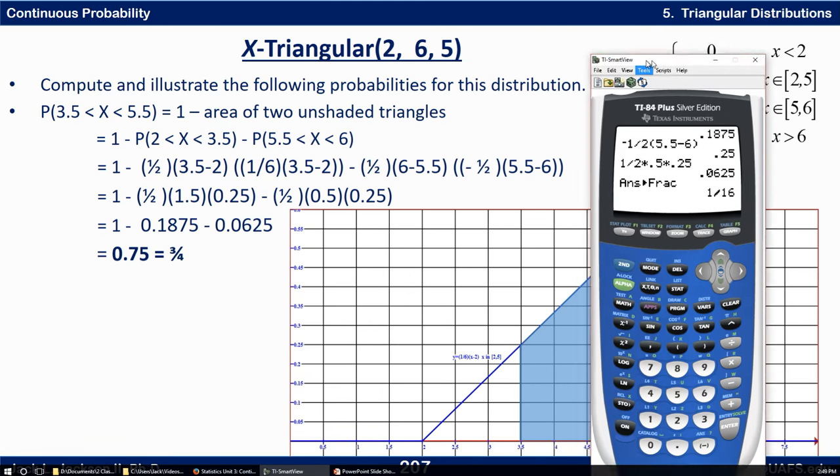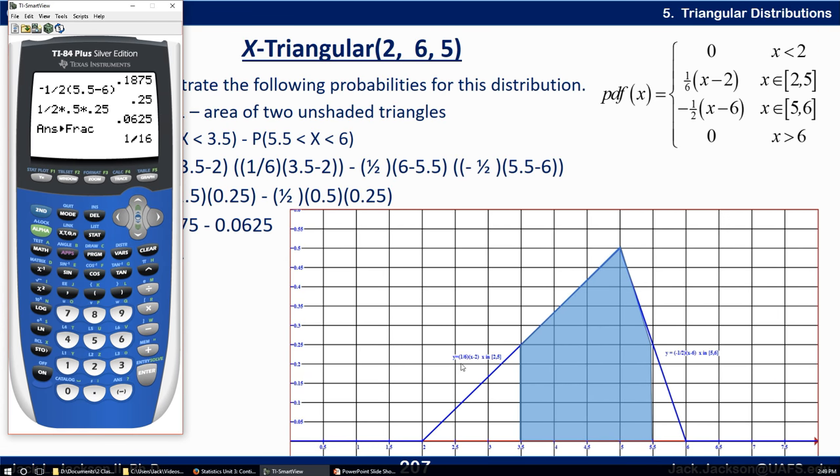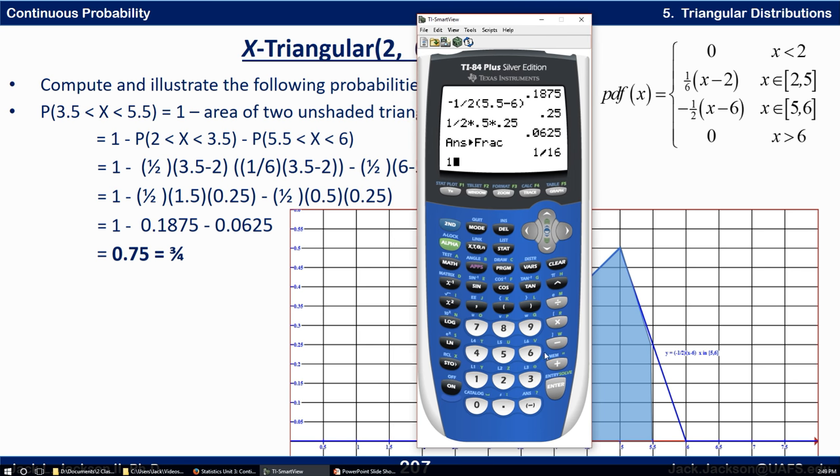Well, the shaded area is 1 minus these two unshaded areas. So it is 1 minus 0.1875 minus 0.0625, which is 0.75 or 3/4.